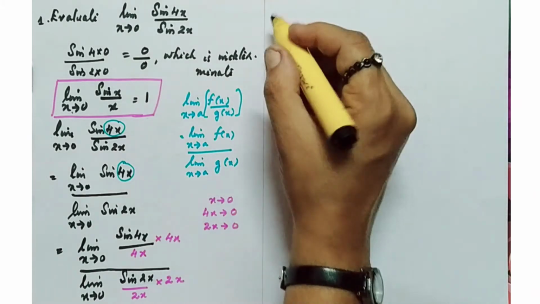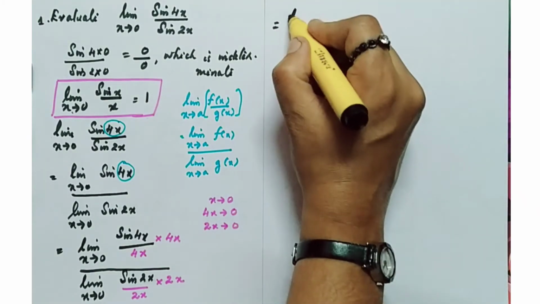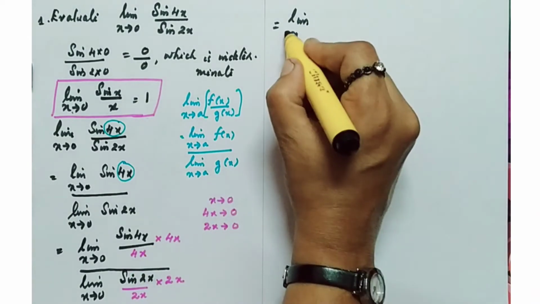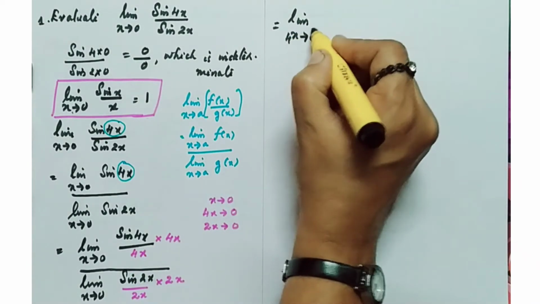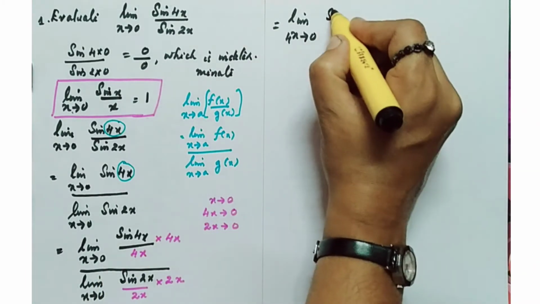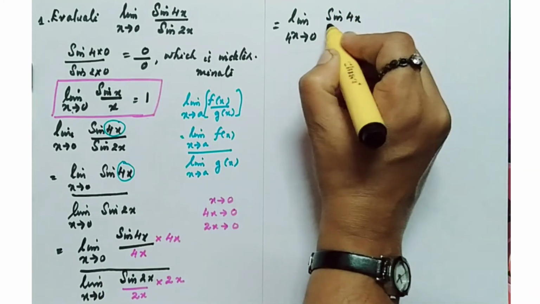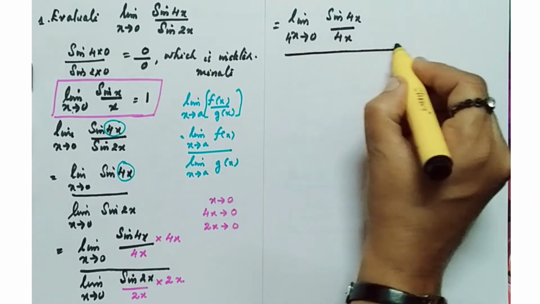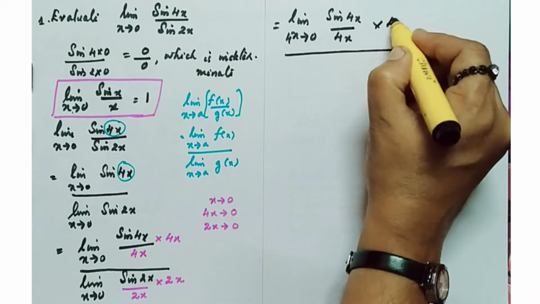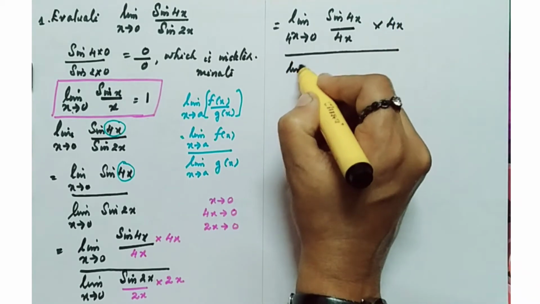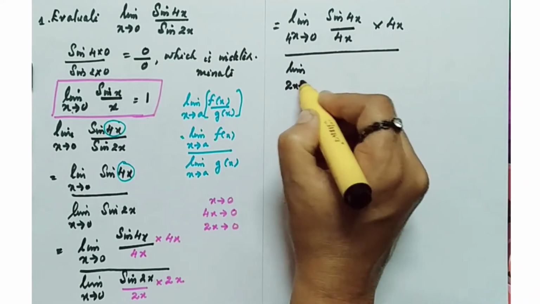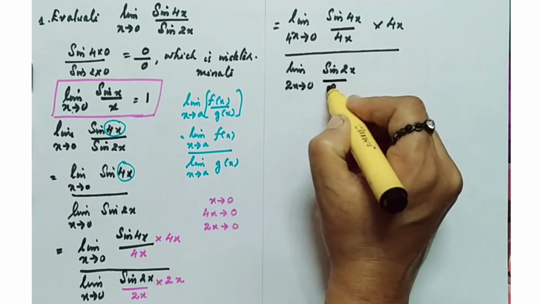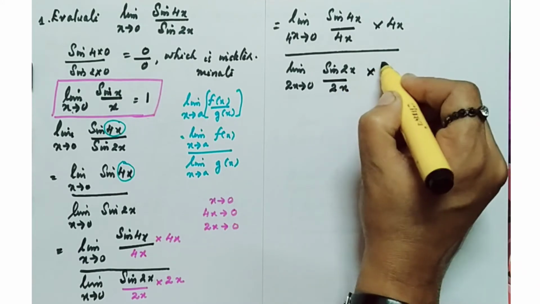So the given limit becomes limit 4x tends to 0, because x tends to 0 is equivalent to 4x tends to 0, sin 4x divided by 4x, into 4x in the numerator, the whole divided by limit 2x tends to 0, sin 2x divided by 2x, into 2x in the denominator.